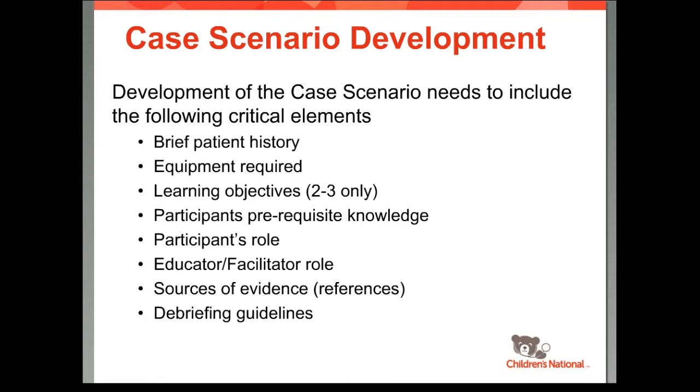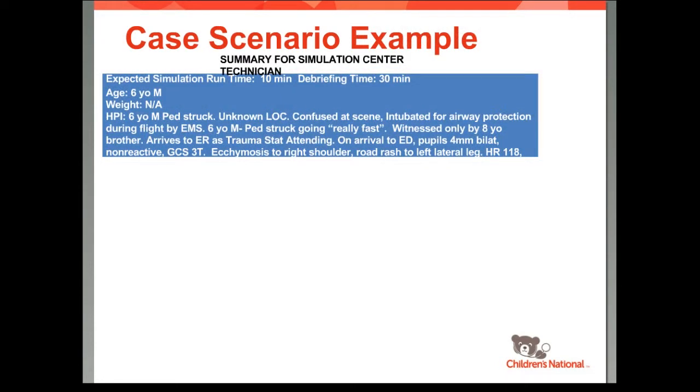Now I'd like to just share some elements. There are a number of templates available, and I just wanted to share a few of the elements that are out of our template. So, for example, we're going to start out with a brief. In any kind of template, there should be a brief summary for the simulation center technician or staff that's going to be carrying it out, describing basically what's going to happen through this scenario.